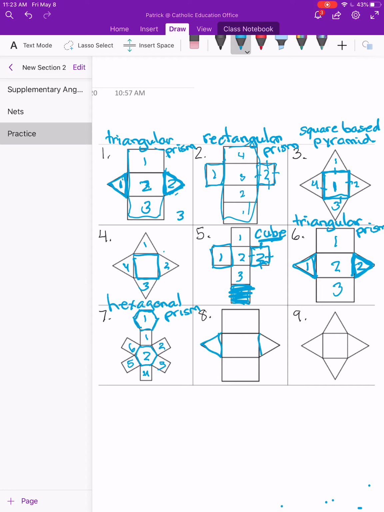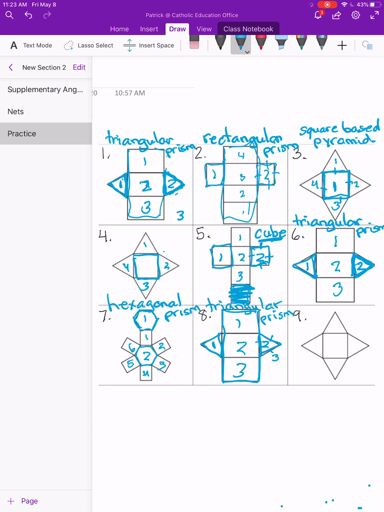Triangle here, triangle here. So these are the bases, number 1 and number 2. The rest are rectangles. How many sides does a triangle have? 3. So that means I need 3 rectangles. 1, 2, 3. So this is a triangular prism.